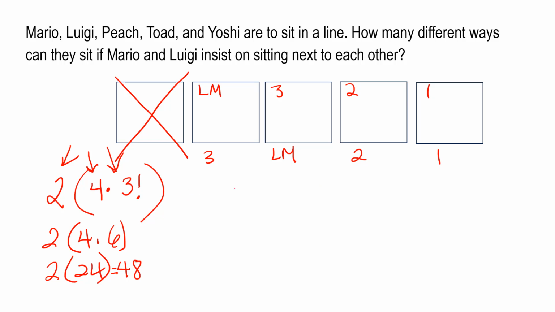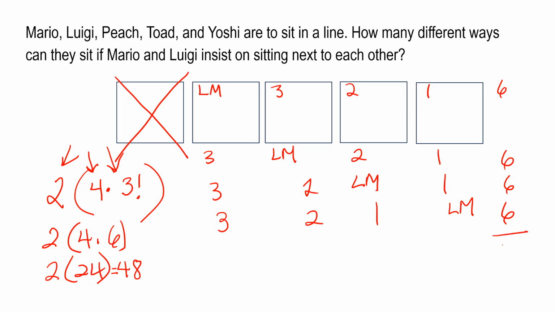And this is just a rehash of what I just did, but it helps you see the situation more clearly. So that's 6 plus another 6 plus another 6 plus another 6, and that's 24.